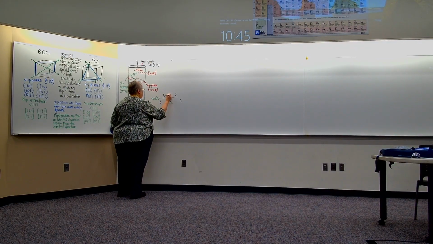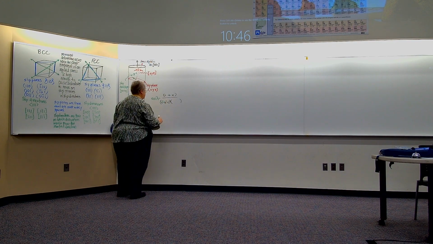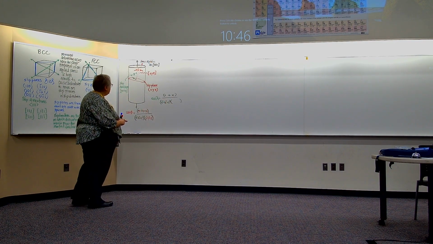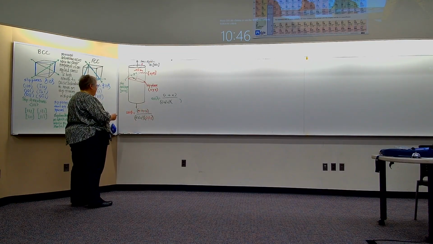A plus B times something plus C times something. And A squared plus B squared plus C squared is still there. But now we're going to use the indices for the direction.